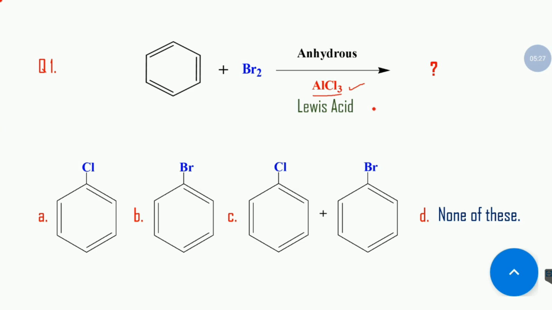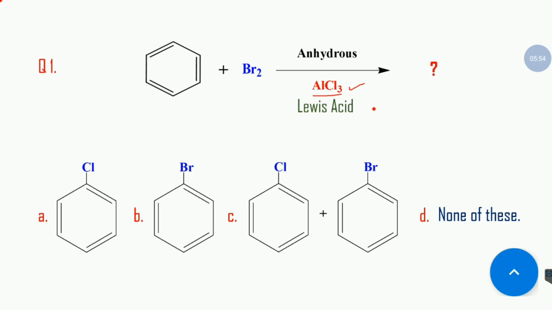It's not the same type of Lewis acid as in my previous example for chlorination of benzene, where Cl plus is the electrophile and AlCl3, related to chloride, will be present.